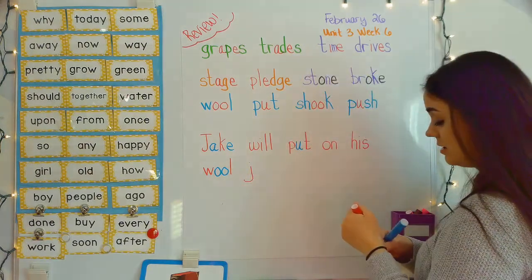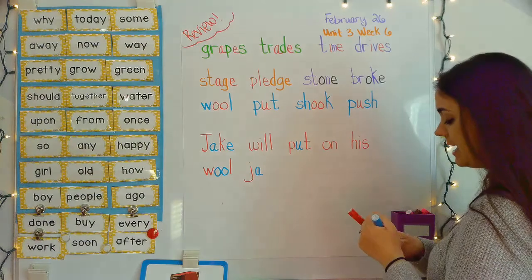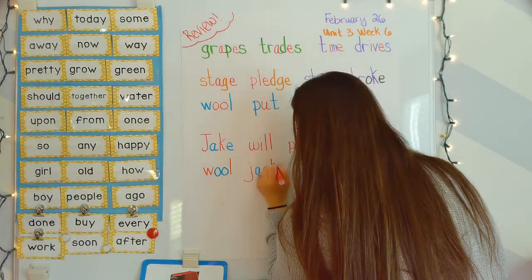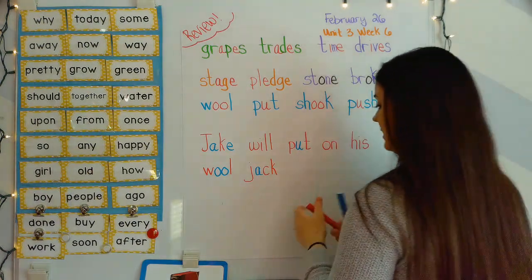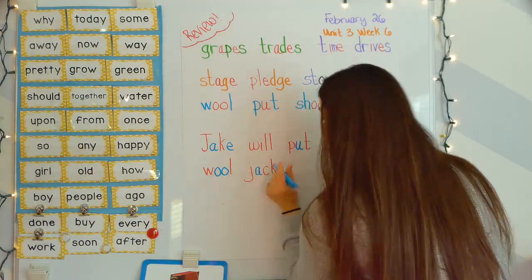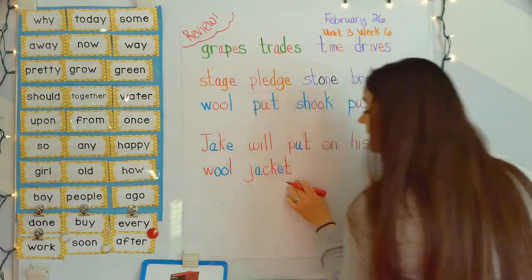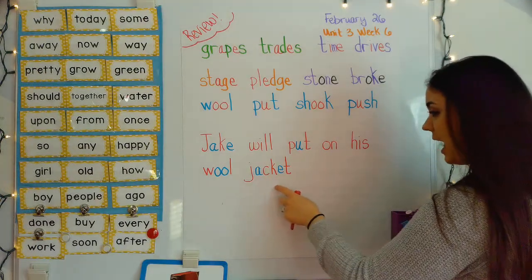J says j. It's kind of long. A says a. CK, ka, ja, ak. E says eh. T says ta, ja, ak, et, jacket.